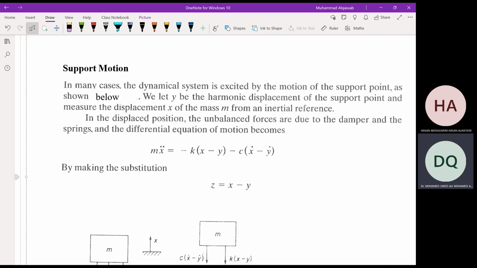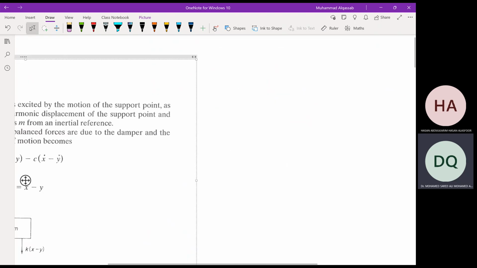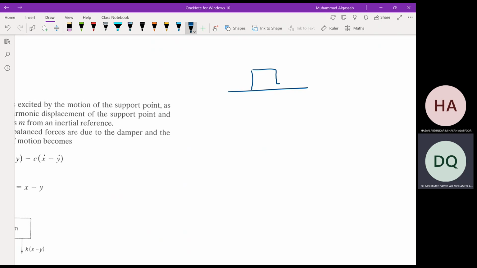So there are three possible cases. Suppose we have a machine supported by nut and bolt.